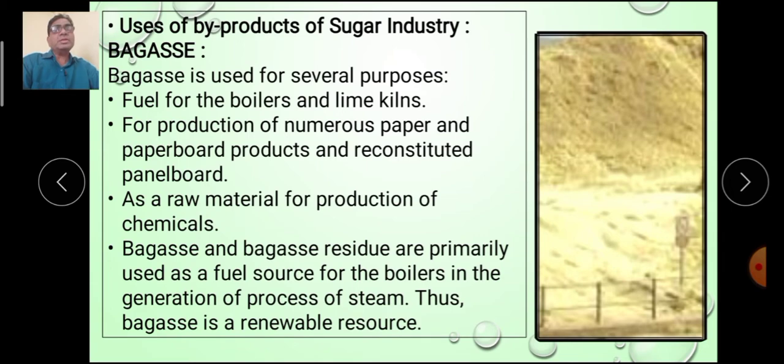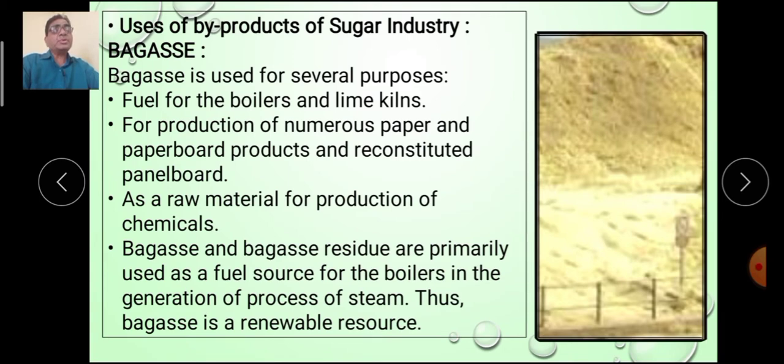The first one, I have told, is the use of top portions as cattle feed and as biomass, that is a fertilizer. The major byproduct is bagasse. It is used for several purposes. It is used in boilers as a fuel. Also used for the production of numerous papers, in the paper mill by preparing a pulp, and the production of paper board products and reconstituted panel boards.